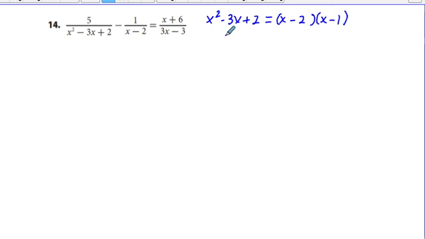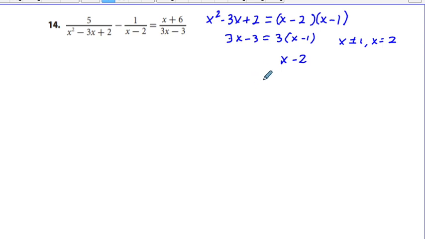Okay, and this 3x minus 3, that's going to be equal to 3 times x minus 1. And then we have this x minus 2. So already we know that x cannot equal 1, and also x cannot equal 2, because that would make dividing by 0.